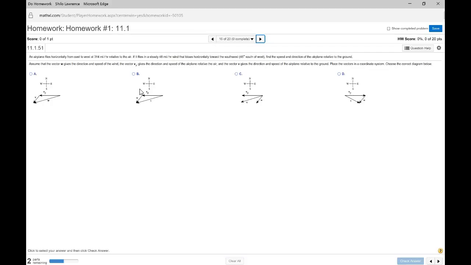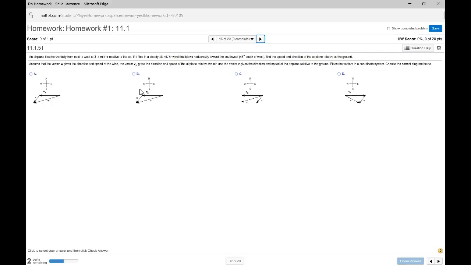So if you look at A, they've labeled the big long one W, which is not correct. We want our airplane going straight west, and then we want our wind going southwest to result in that ground speed and direction.